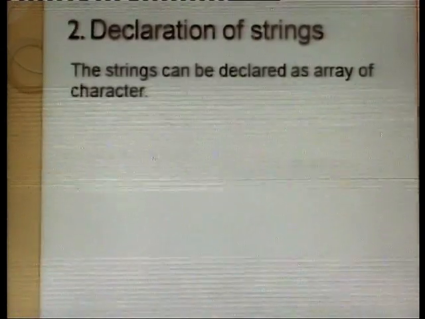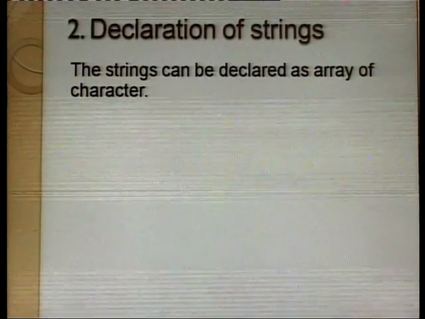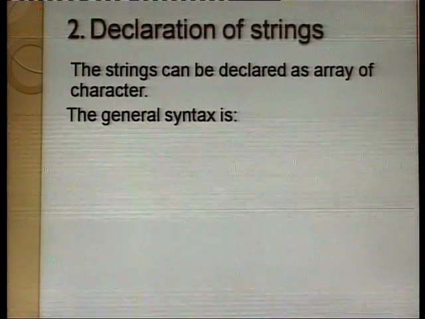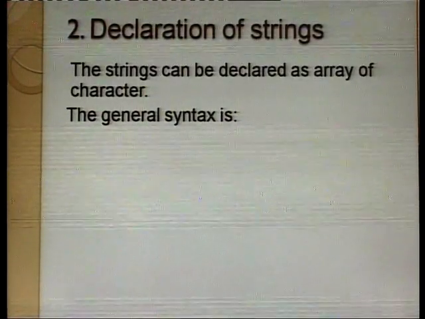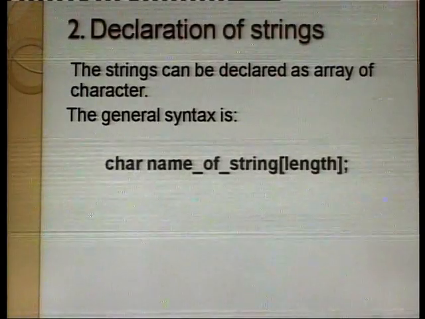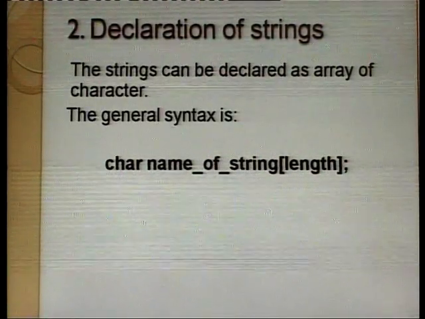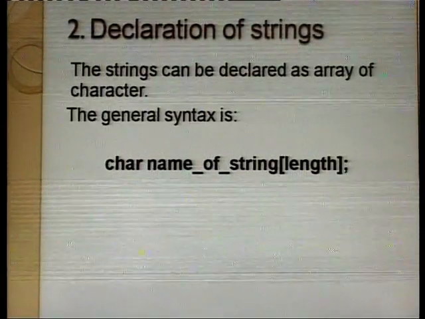Let us start with the second topic, that is declaration of string variables in C. Strings can be declared as arrays of characters. The general syntax of declaring the array is char, name of string and subscript value, that is length, then semicolon.